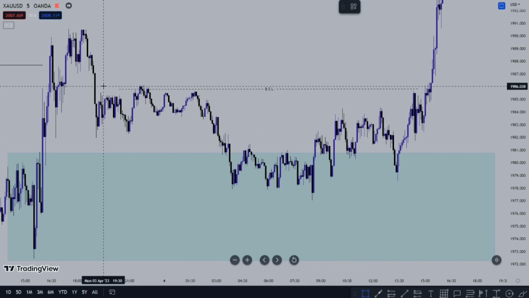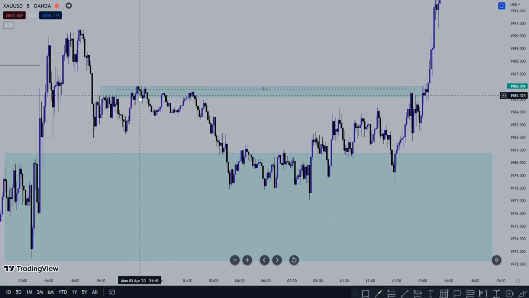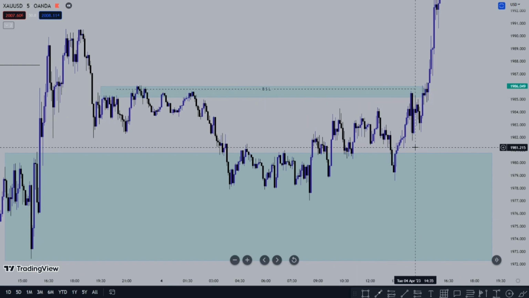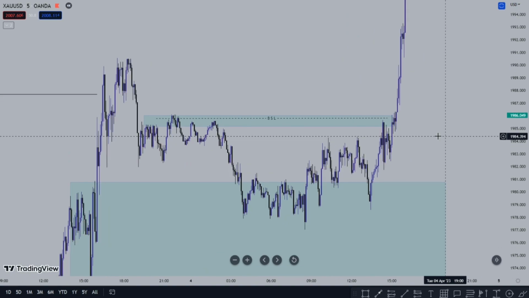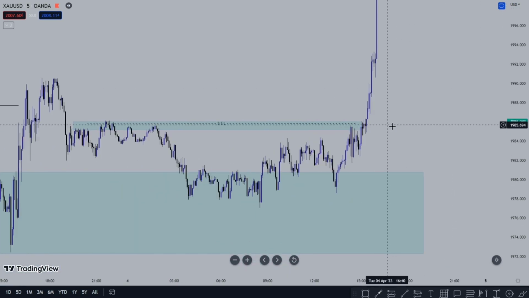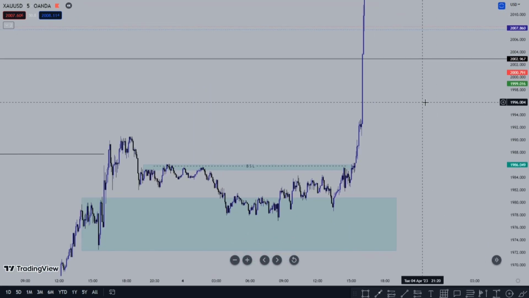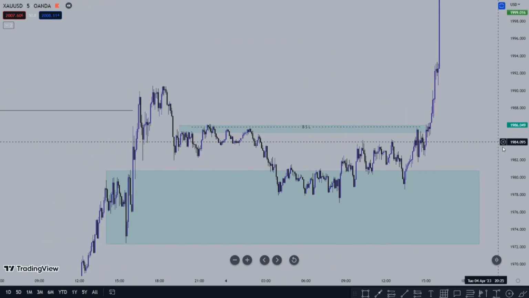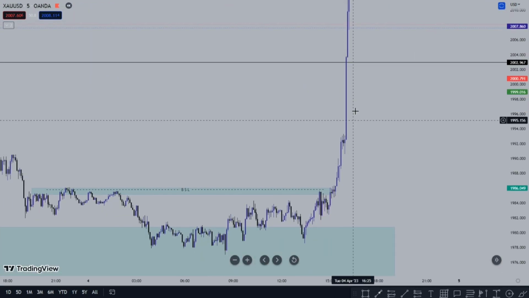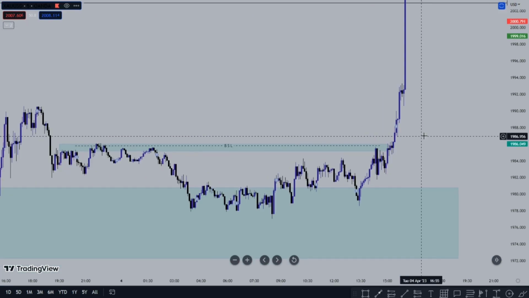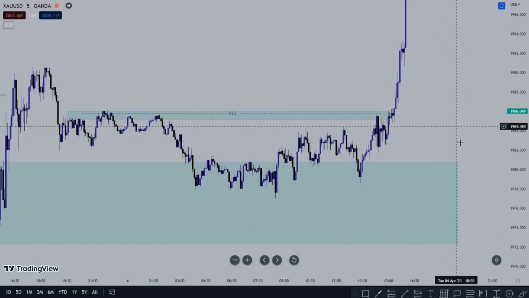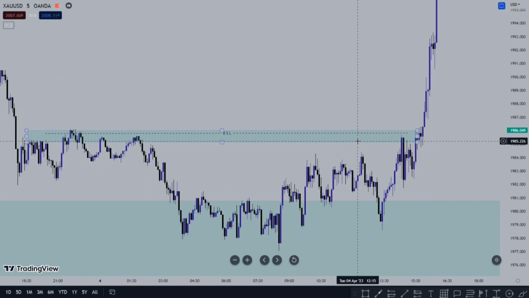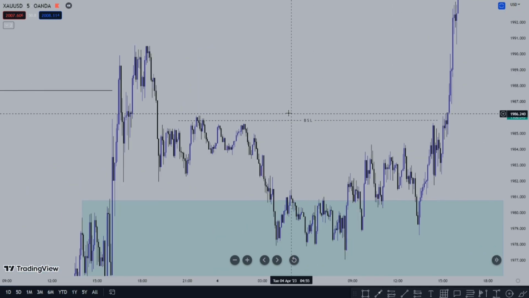And what most traders do is drop down and want to enter here. As you can see, they got little rejection, but instantly after that, they're stopped out with massive momentum. Look at this. This happened when the news came out, and you can see how many traders lost their capital here. So we don't want to do that.